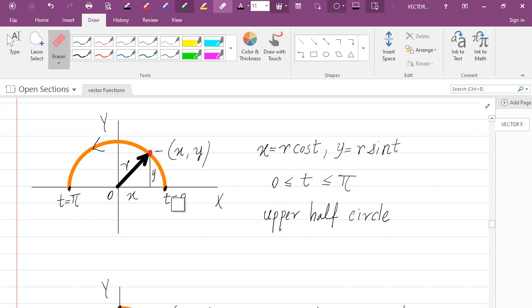So here, when t is 0, we're here. As t goes to pi, we're here, and we are tracing counterclockwise.